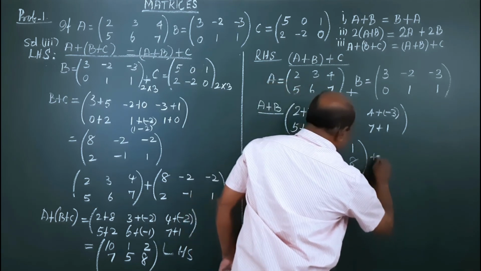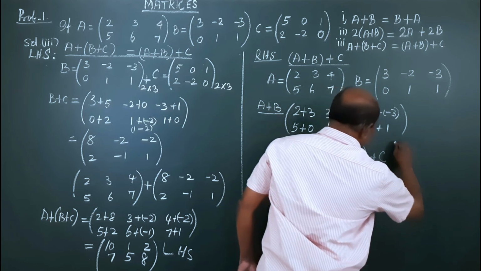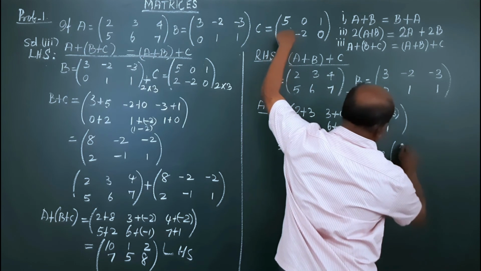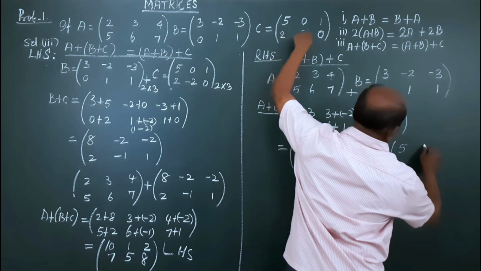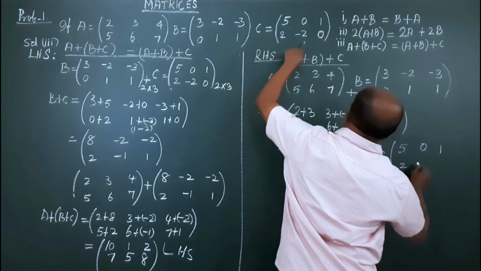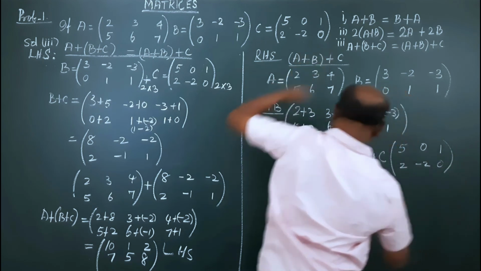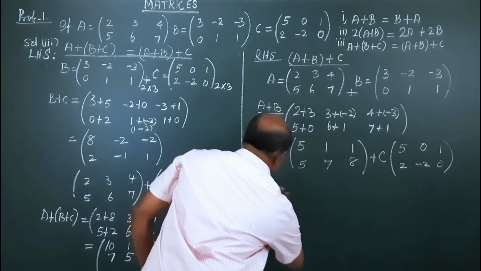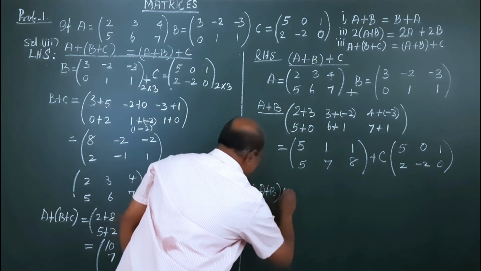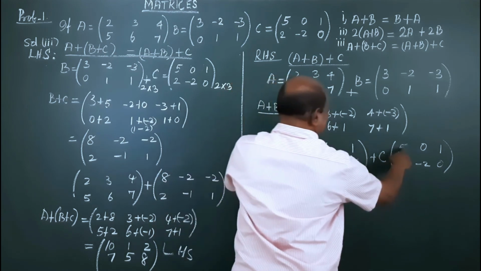Now we have to add C matrix. You see here, this is the C matrix. 5, 0, 1, 2, minus 2, 0. Now, this is (A plus B) plus C equal to 5 plus 5.